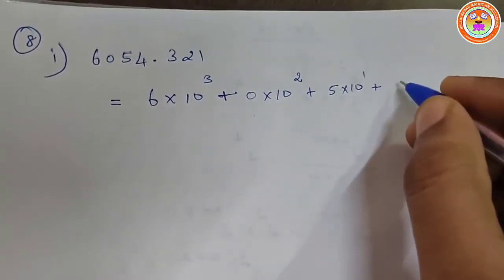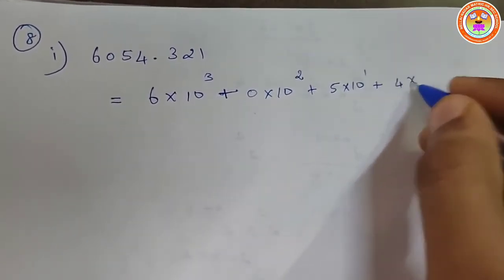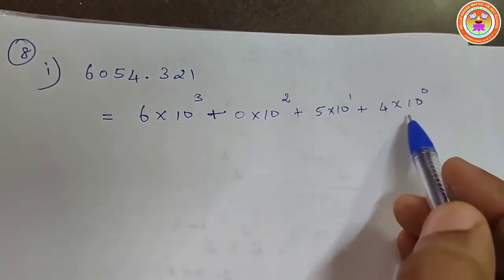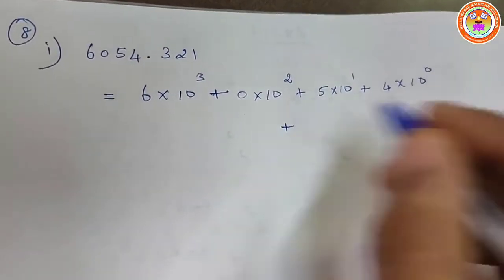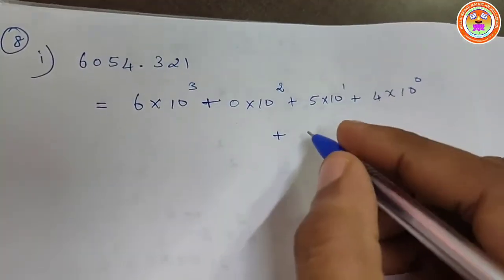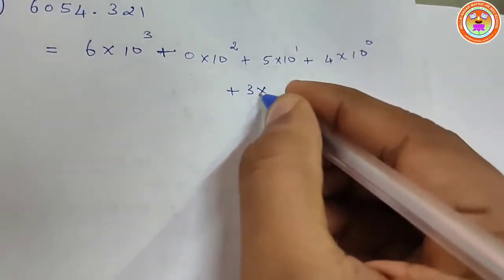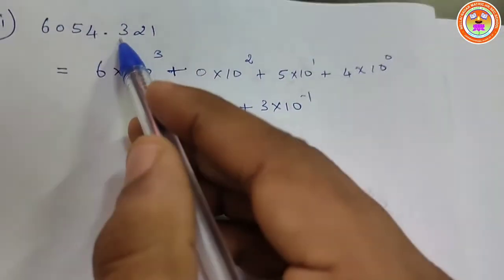Plus 4 into 10 power 0. If it is in the one's place, you have to put 10 power 0. Plus, now I am going to write the decimals. Decimals you have to write like 3 into 10 power minus 1, since it is in the first place.